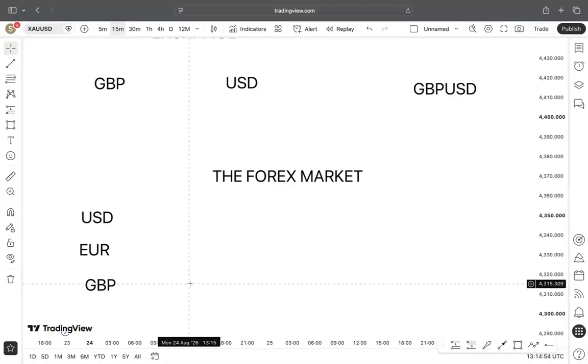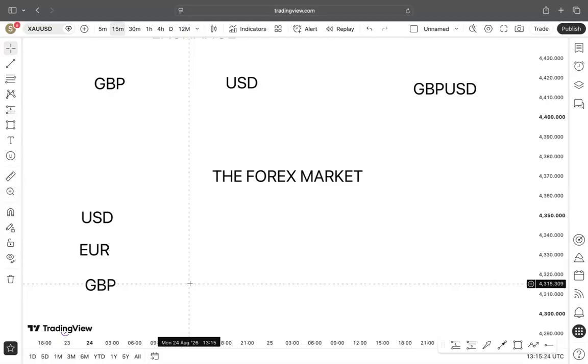But in the forex market, currencies are traded in pairs and not as a single currency. Every transaction in the forex market involves a simultaneous buying of one currency and the selling of another currency. So if you are buying, let's say GBP, you are selling USD. This means you cannot buy or sell a single currency on its own.